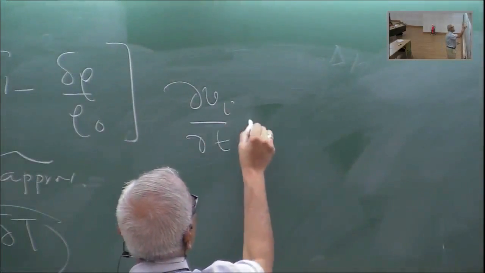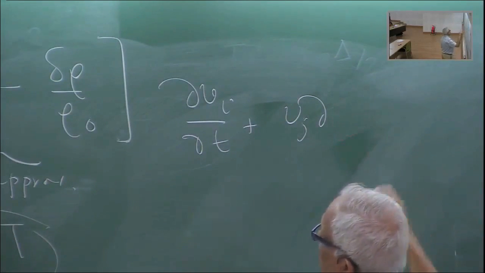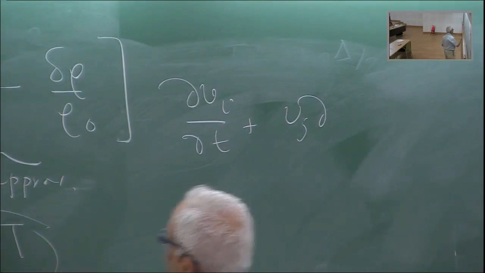Del V_i by del t plus V_j del_j acting on V_i is minus del_i delta P over rho 0. I'm using i now because there is alpha, which is the expansion coefficient.